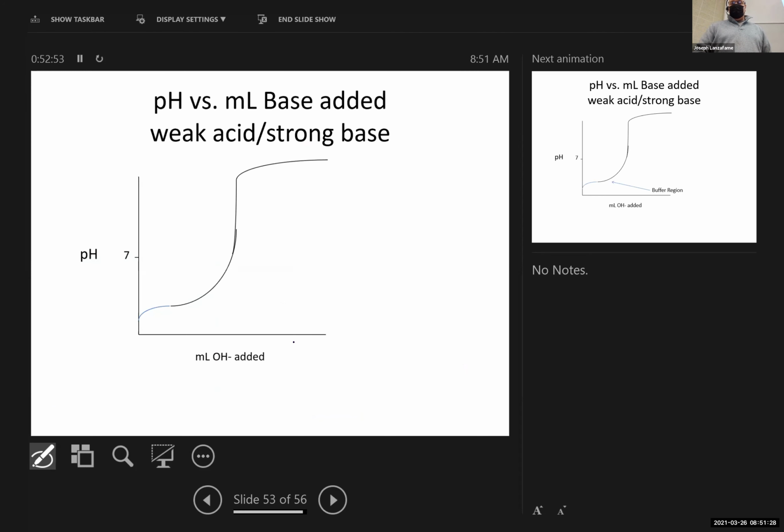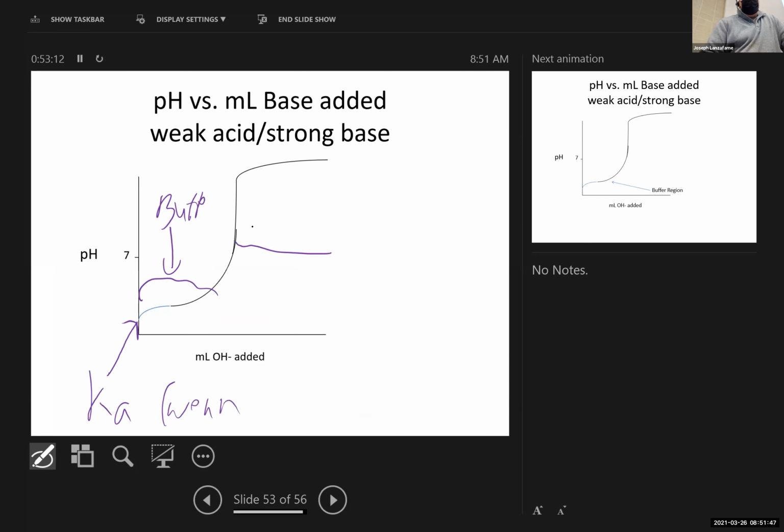This is something of a horrible drawing, but, right, if you look at this weak-strong titration, it's got everything in it. This was a weak acid Ka, right? This whole region was a buffer. The equivalence point was the Kb of the conjugate.